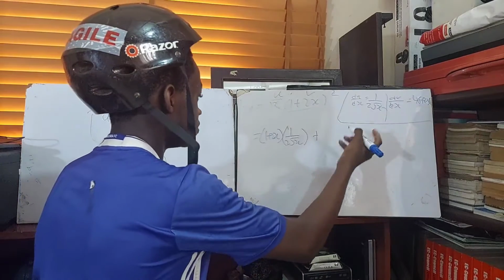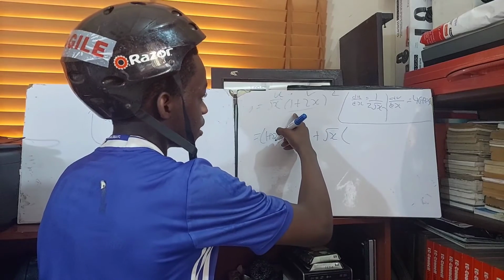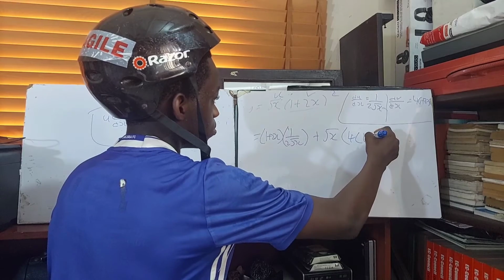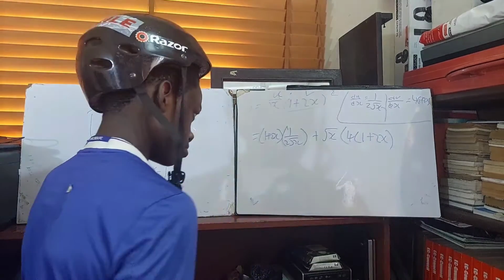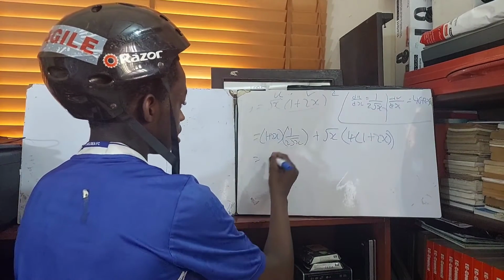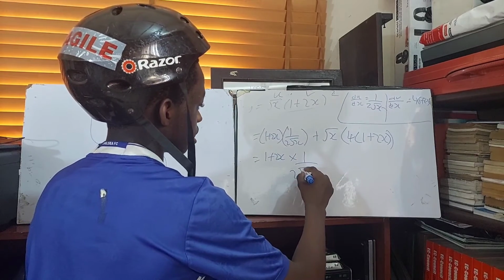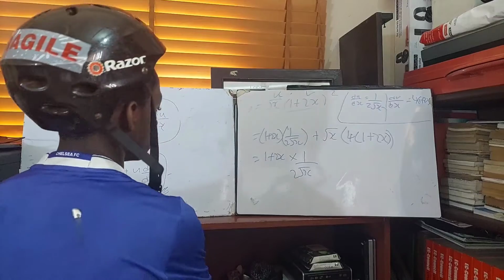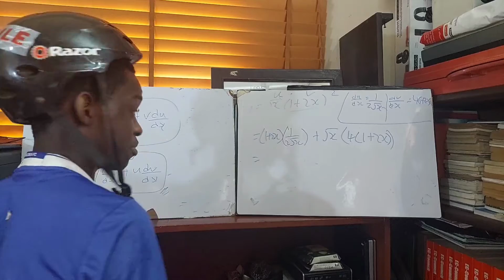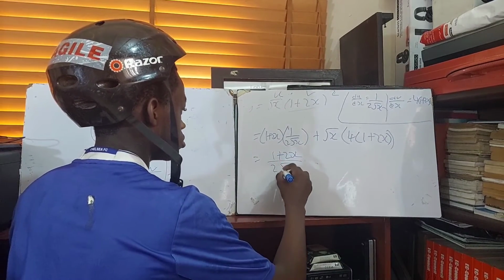So we're going to do u, which is root x, multiplied by the derivative of v, which is 4 times (1 plus 2x). We can simplify the first part as 1 plus 2x times 1 over 2 root x, so 1 plus 2x goes as the numerator: 1 plus 2x all over 2 root x.